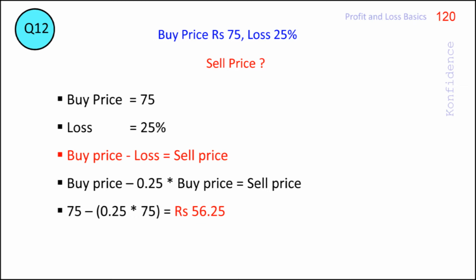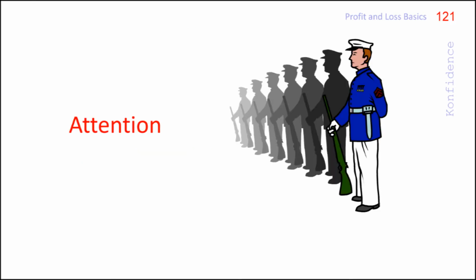That is equal to 0.75 into 75, which is rupees 56.25. Did you get the answer? If the answer to that question is no, please understand that you have not got the hang of the subject properly. Go back and listen to the presentation once again.